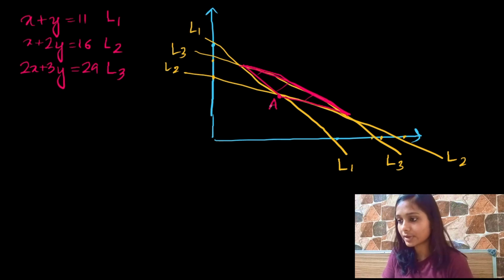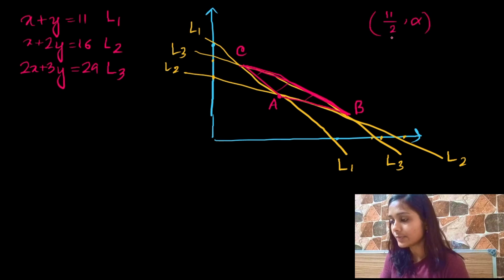Let me name it as A, this one as B, this one as C. The points 11 by 2 comma alpha mean the x coordinate is fixed, somewhere here.